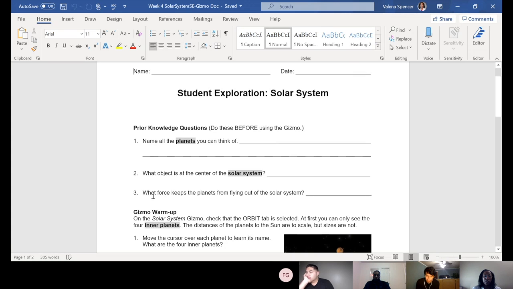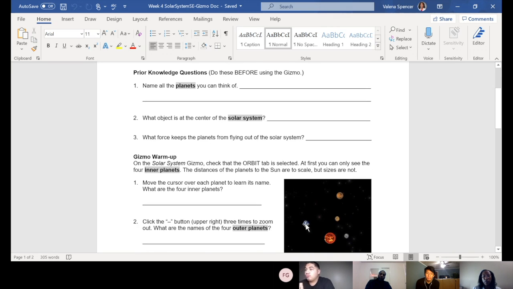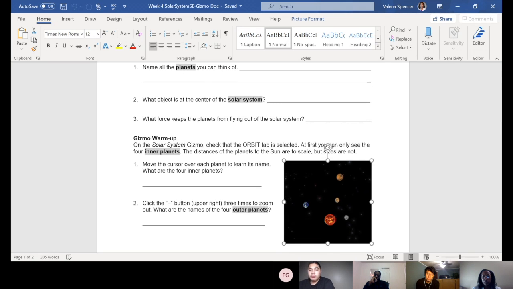So the students can use this for prior knowledge, and we can make a list of all of the planets you think of and continue to go down and learn these different planets. So this gives a teacher what they really need, right, to succeed in so many ways. And then this one is utilized after the gizmo is used. So those are some of the different technology-based learning that Gizmo provides for us.